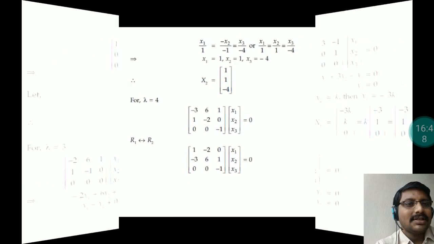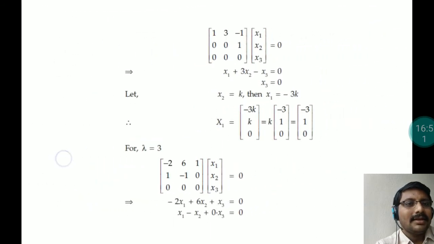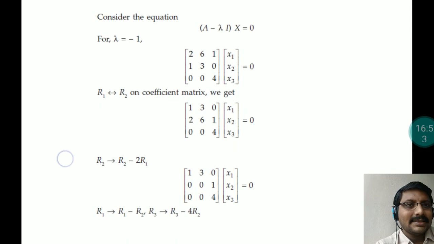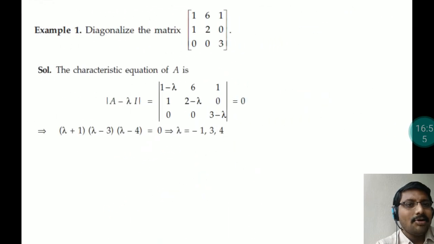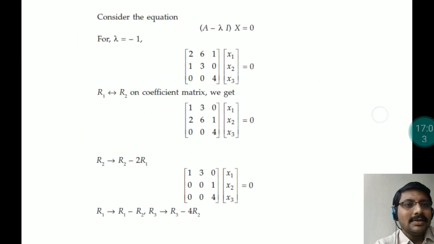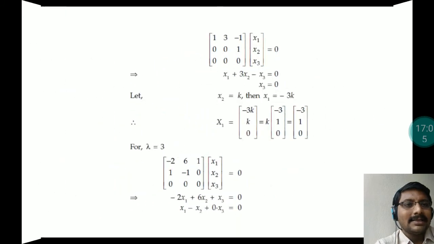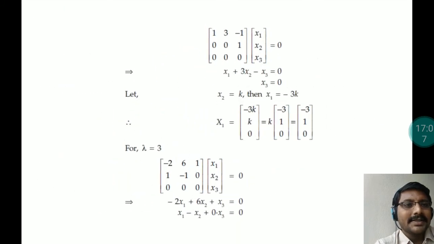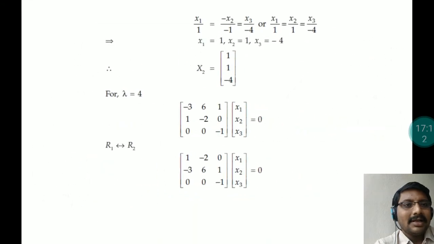Just first we have to find the eigenvalues of the matrix. The eigenvalues of the matrix A are minus 1, 3, 4. In the next step, we have to find eigenvectors like this. For lambda equal to minus 1, the eigenvector is the matrix of minus 3, 1, 0. For lambda equal to 3, the second eigenvector is x2, that is 1, 1, minus 4.